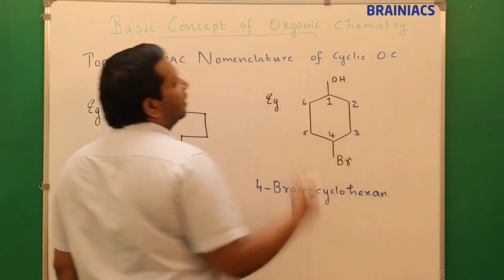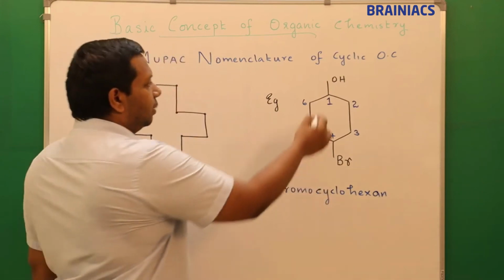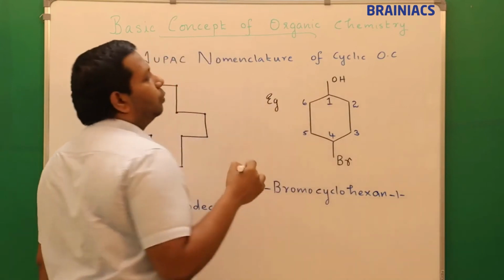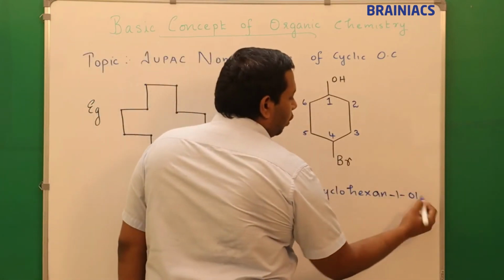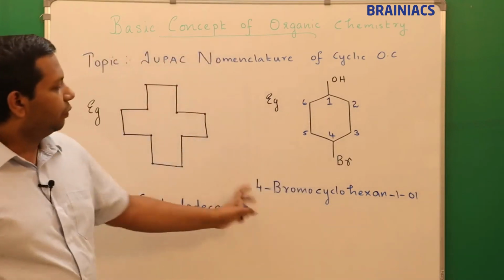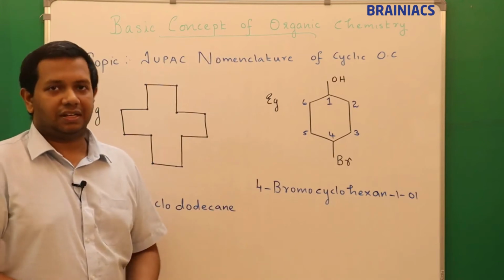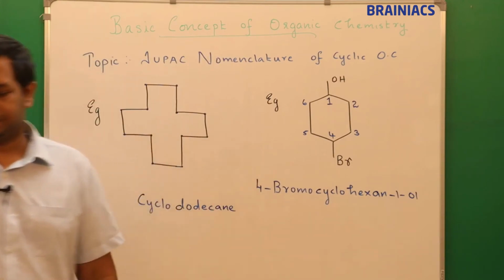But there is a 2 degree suffix also, so the e is removed, and at position 1 you have the OH group, whose suffix whenever it acts as a functional group is ol. So I got the answer 4-bromocyclohexan-1-ol. So that is the answer. Okay, we will go and discuss the next question.